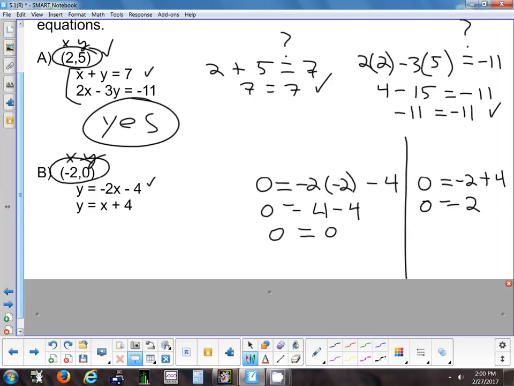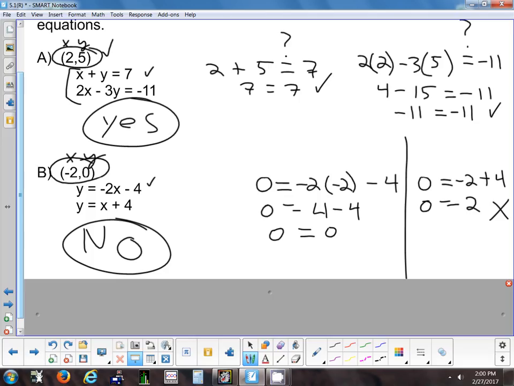Does that answer work in the bottom equation? No. 0 does not equal 2. 0 and 2 are not the same number. So what does that mean about the coordinate negative 2, 0? It's not the solution. If you were to draw these two lines, they do not cross at negative 2, 0. They don't cross. So no, that is not the solution.